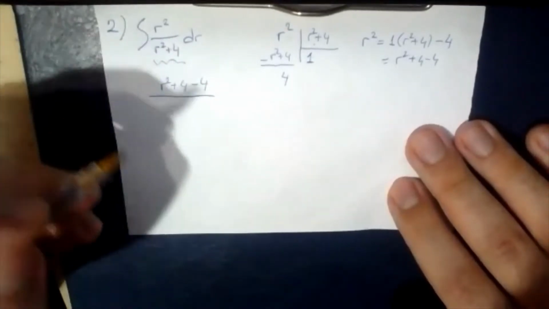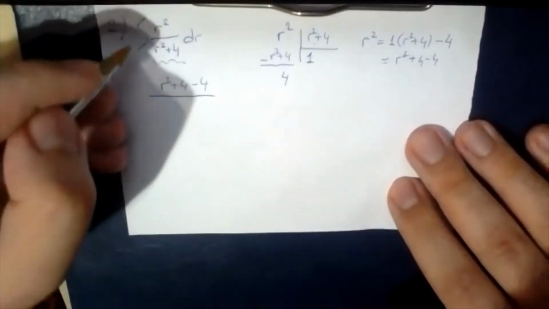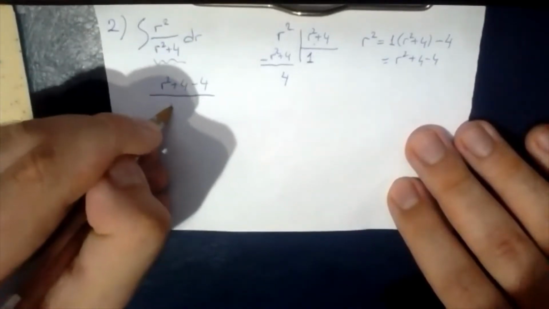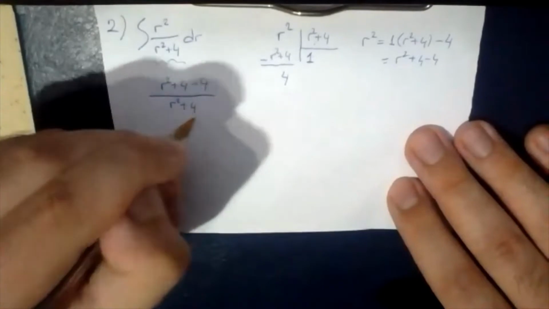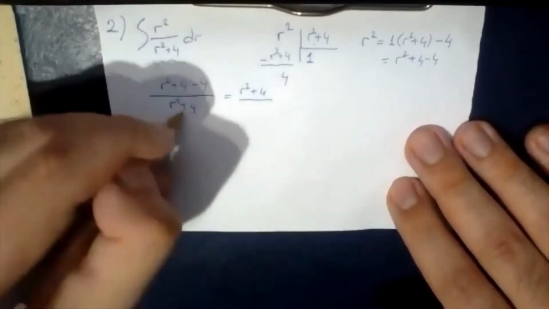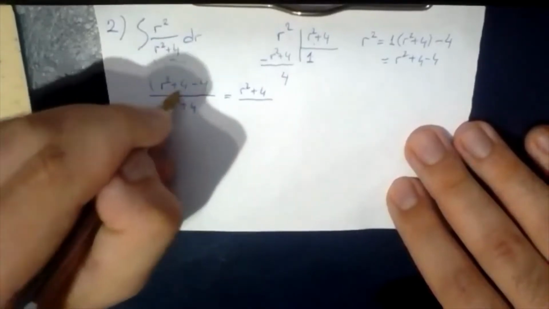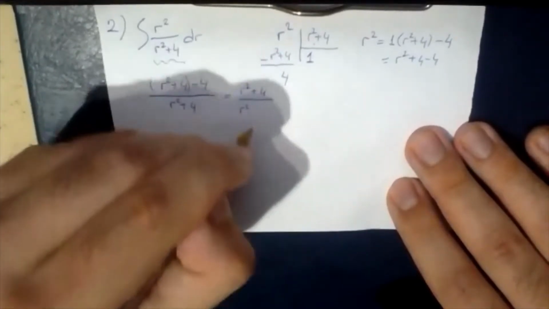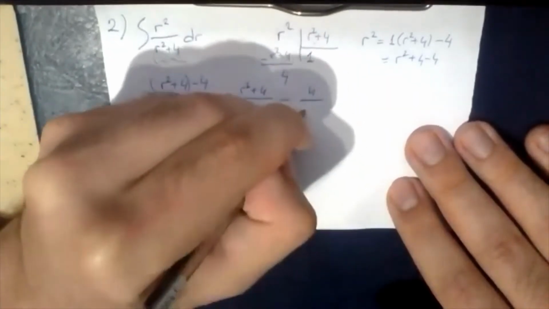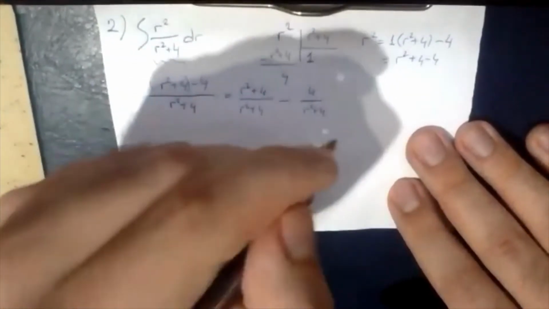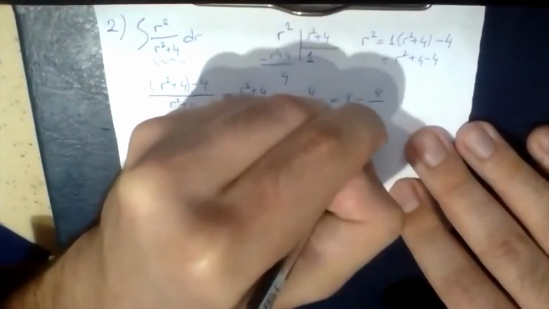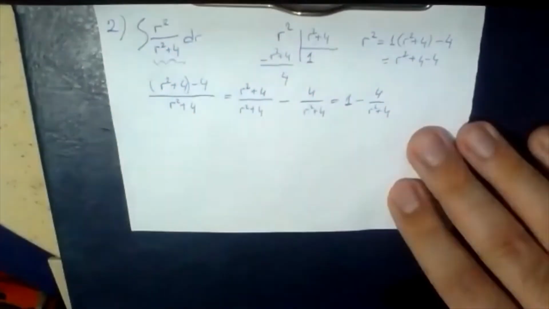In the next questions, I may not write everything in such detail. So it will be (r squared plus 4) over (r squared plus 4) minus 4 over (r squared plus 4), which is equal to 1 minus 4 over r squared plus 4.